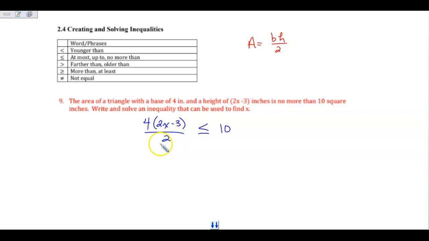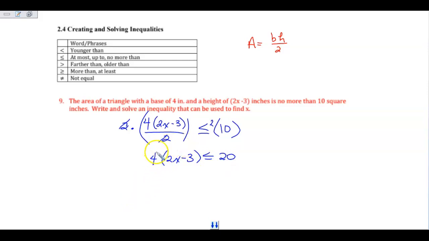One is I can get rid of this 2 right away by multiplying both sides by 2. These 2's would cancel out, and we'd have 4 times 2x minus 3 is less than or equal to 20.